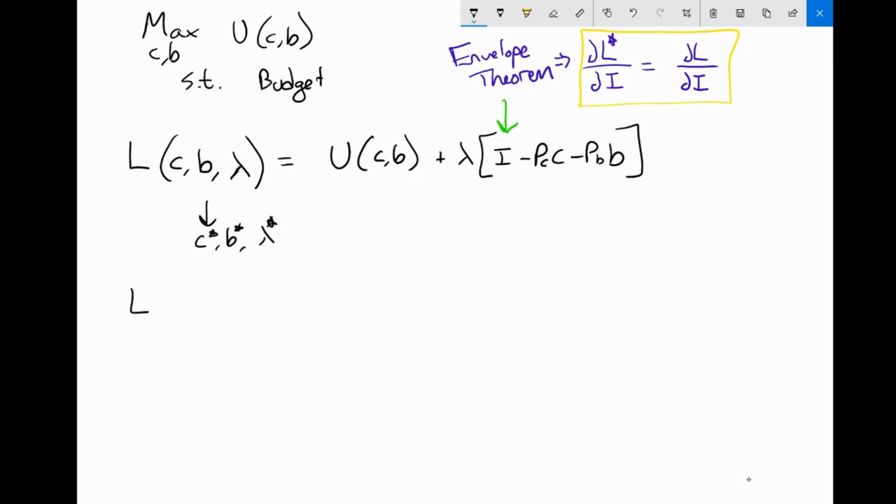Then let's plug those in. It's also a function of I. Now, I want to know the derivative of this with respect to I. I look at this, the star means it's the optimal, and I say, man, this is really complicated because C is a function of I, B is a function of I, lambda is a function of I, and the L function itself is a function of I. So it looks like a very overwhelming derivative.